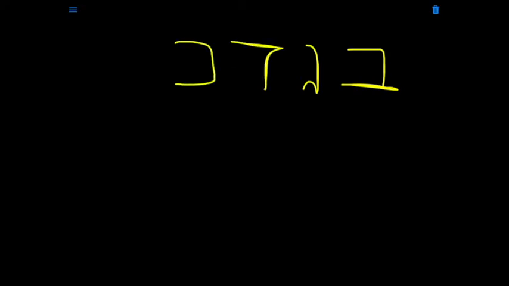If you cast your mind back to the first lesson when we were learning how to write the consonants of the Hebrew alphabet, you'll remember that there were some letters that take a dot, and these were Beth, Gimel, Daleth, Kaf, Pei, and Tau.